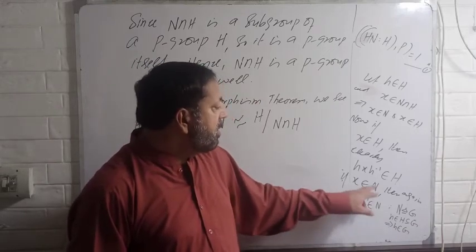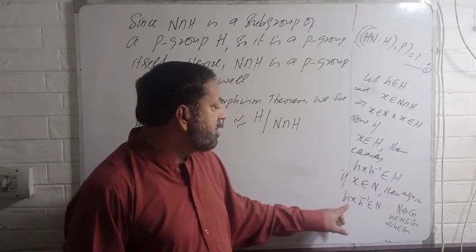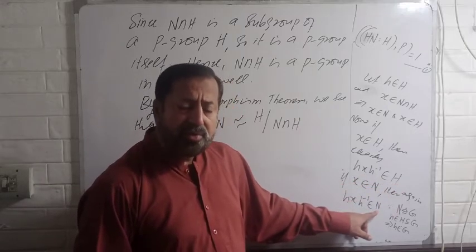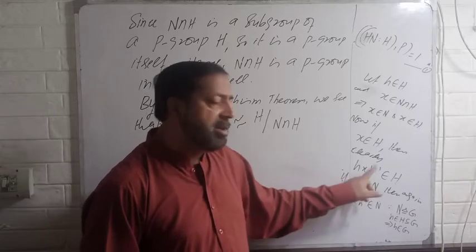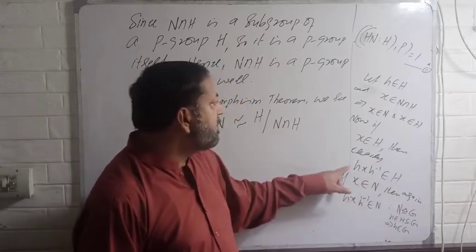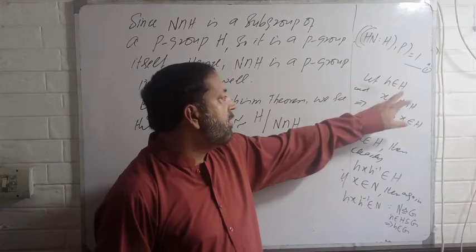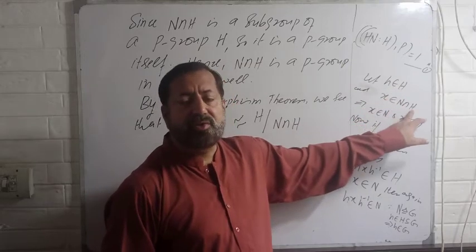So this is an element of capital H, and this is also an element of capital N. So this means that this is an element of their intersection, with h an element of H and x an element of N intersection H.